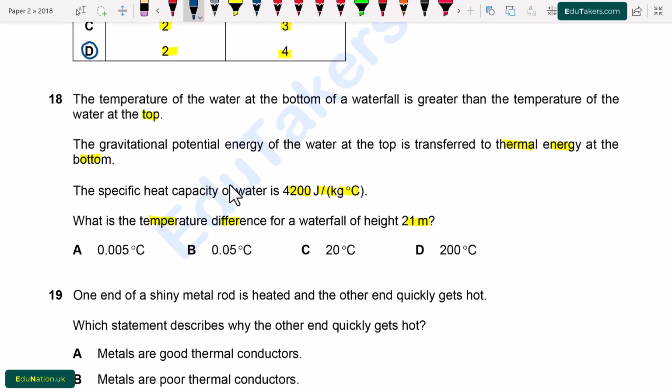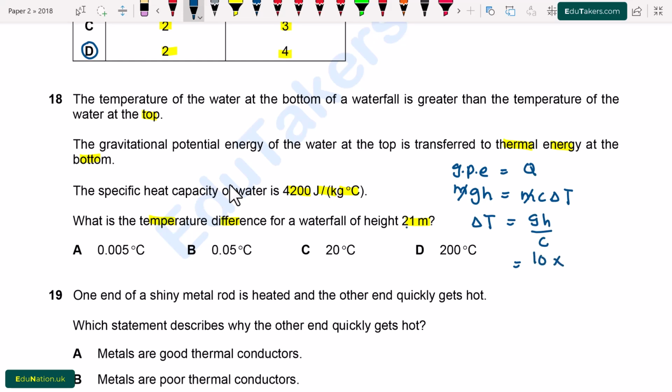So I write here, gravitational potential energy will be equal to heat. Gravitational potential energy is mgh and Q is mc delta T. This m cancels with this m and we have to find the value of delta T. It will be equal to gh over c. The value of g is 10 multiplied by height.